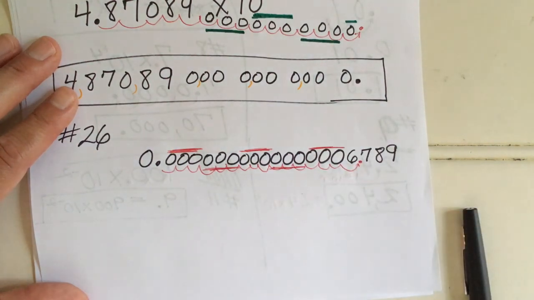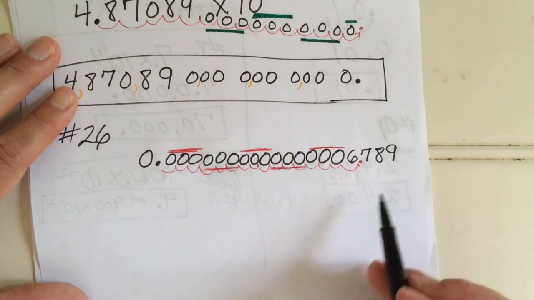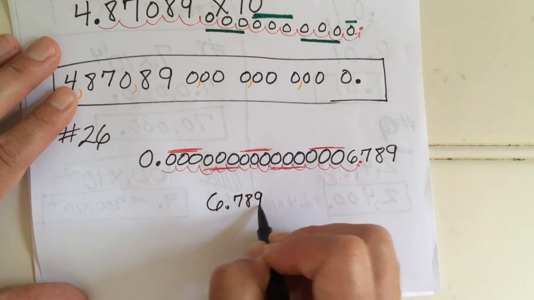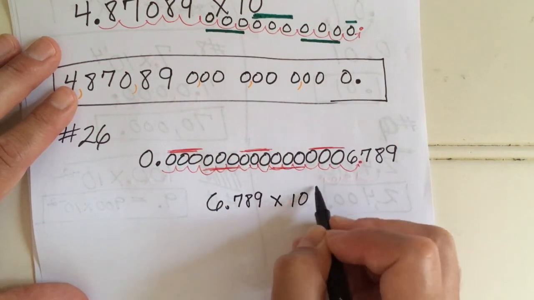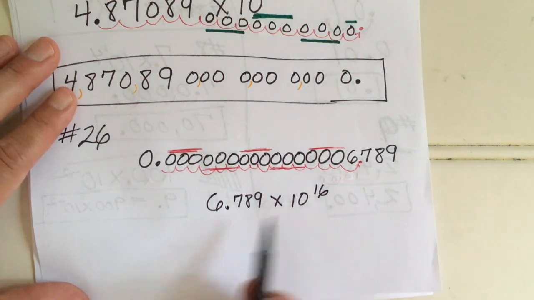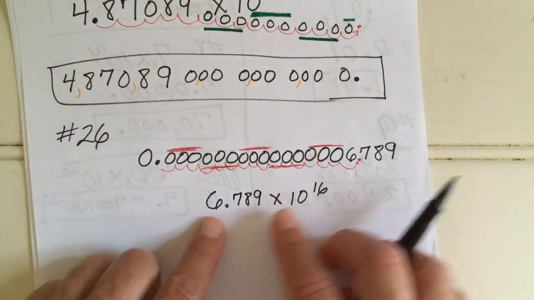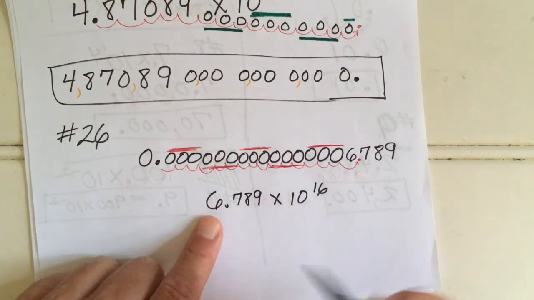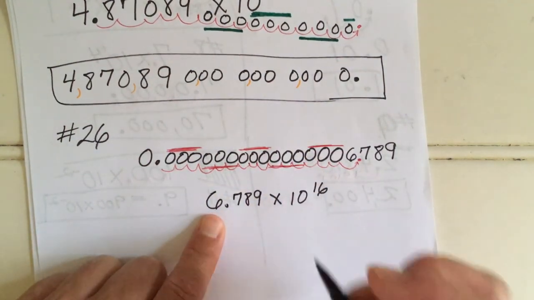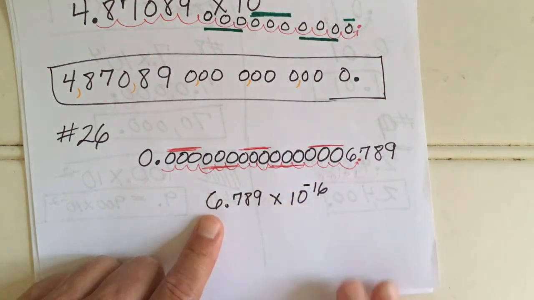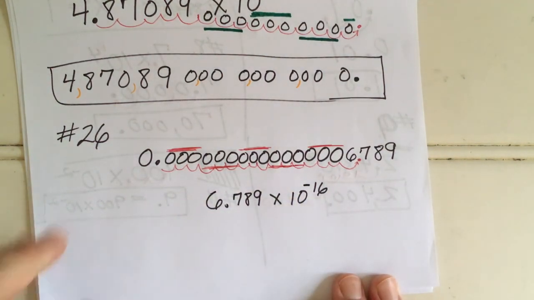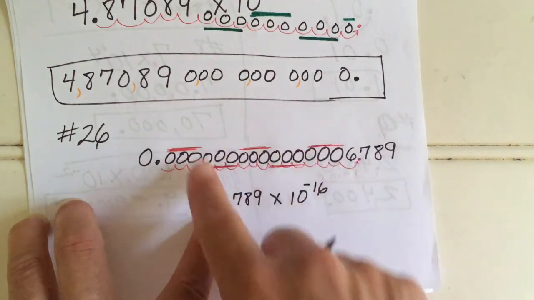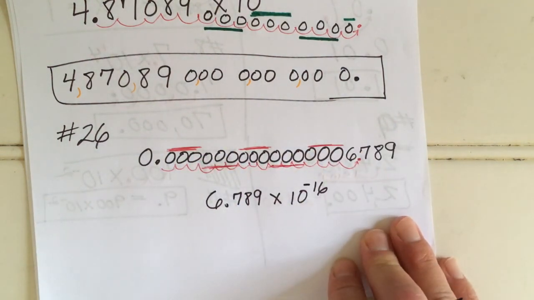So I had to move it 16 times. So I'm saying that this mess right here is equal to 6.789 times 10 to the 16th. But because this 6.789 is equal to this really tiny number, I have to represent that somewhere here, right? Because this equals this by having this negative sign here. All right, see how much nicer that is to work with than that. I mean, nobody wants to work with that.